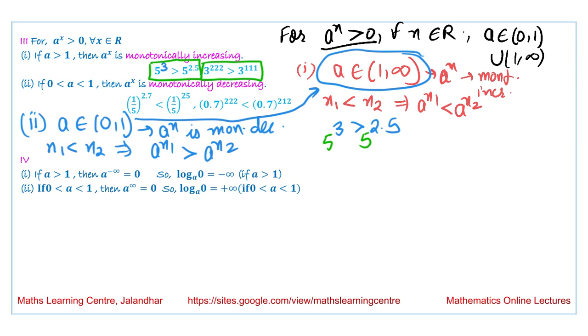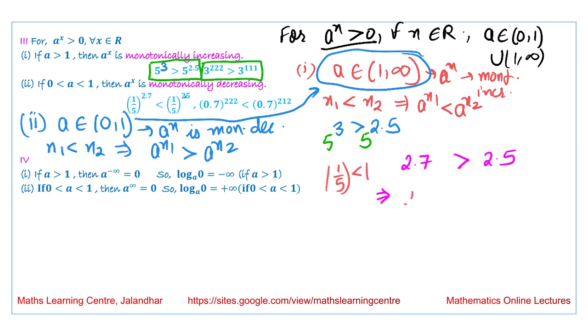So in this case, the first example: 2.7 is greater than 2.5. So this implies, now the base we are taking over here is 1 by 5, and 1 by 5 is clearly less than 1.